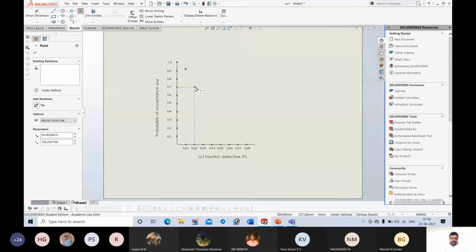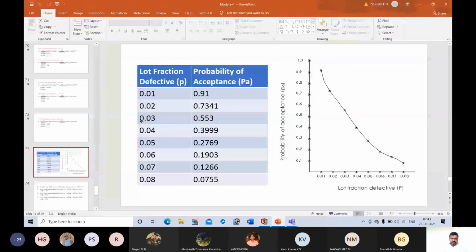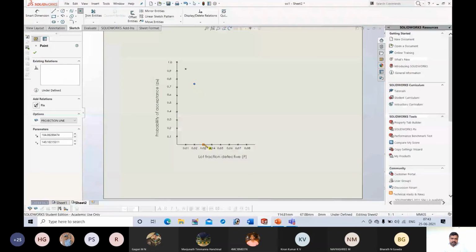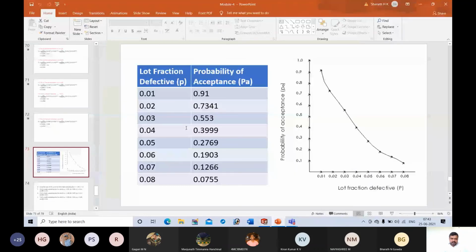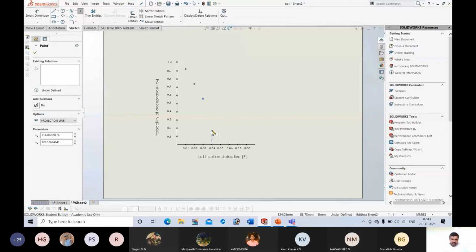For 0.03, 0.553. Next, 0.04, 0.3999, almost 0.4.